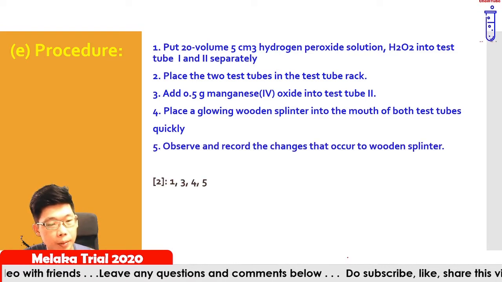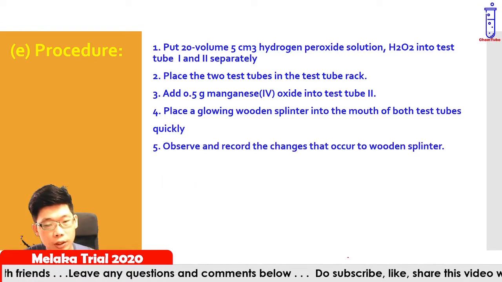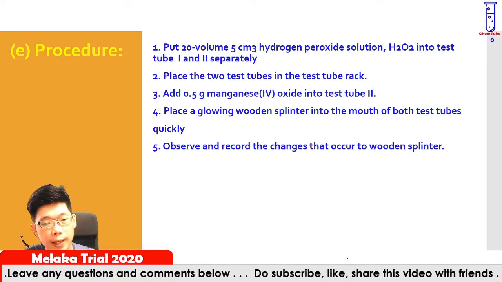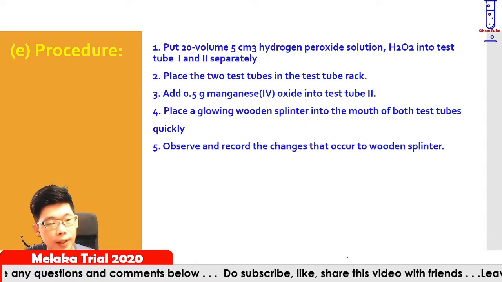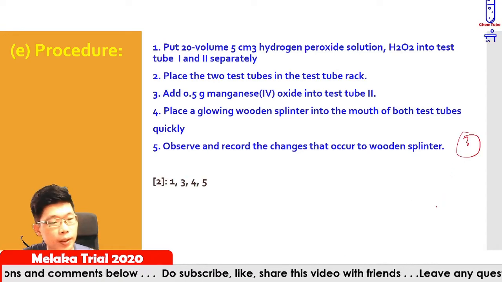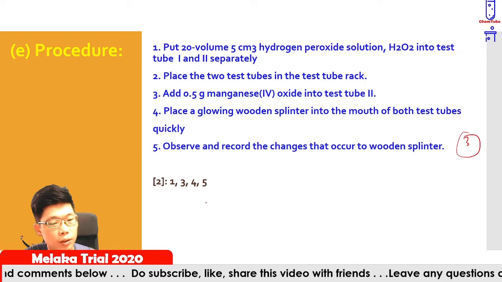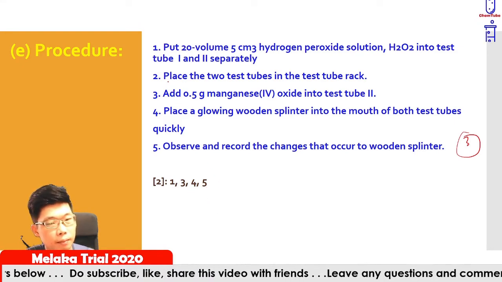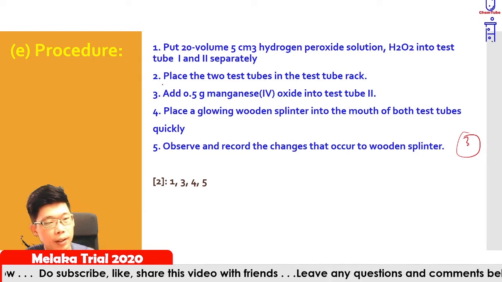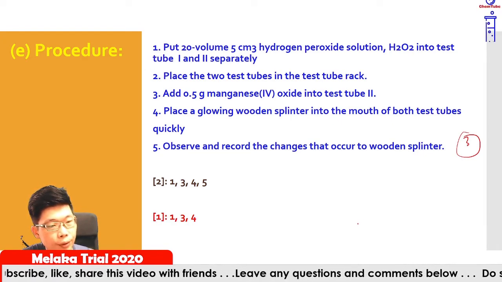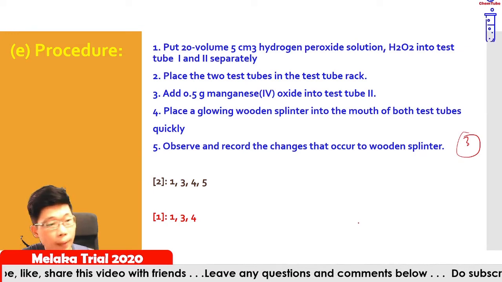Then observe and record the changes that occur to the wooden splinter, whether it lights up or not. This is for score 3, 5 steps. For score 2, steps 1, 3, 4, 5, meaning you miss out step number 2. Score 1 is steps 1, 3 and 4.